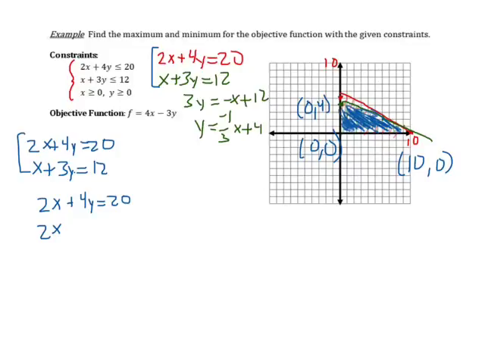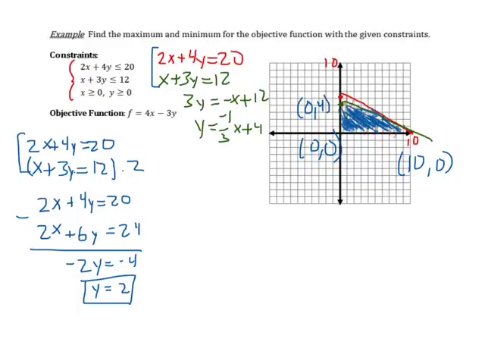Double everything here, so 2x plus 6y equals 24. And then we can subtract. That gives us negative 2y equals negative 4, so y equals 2.